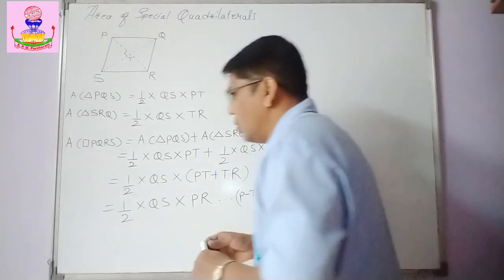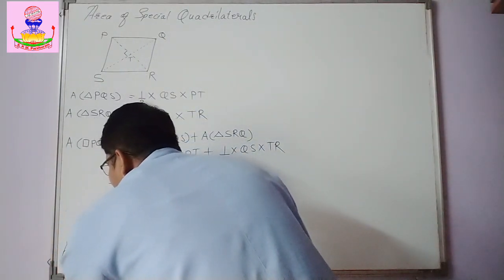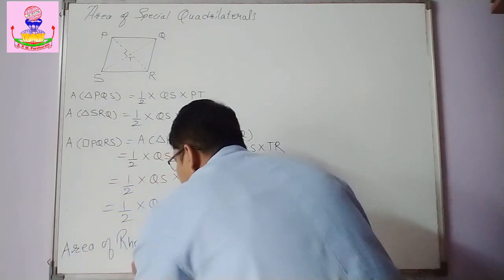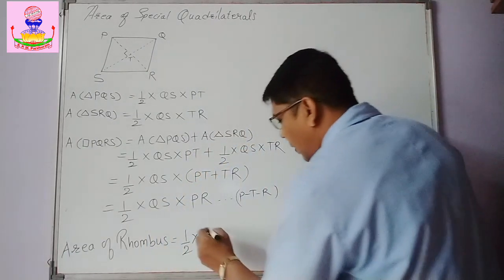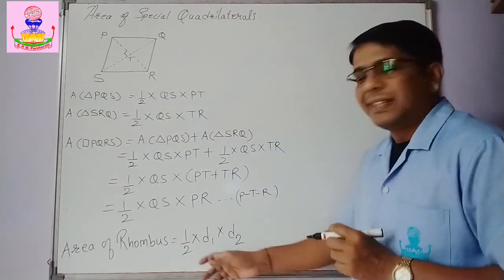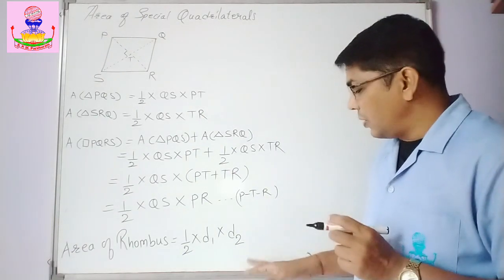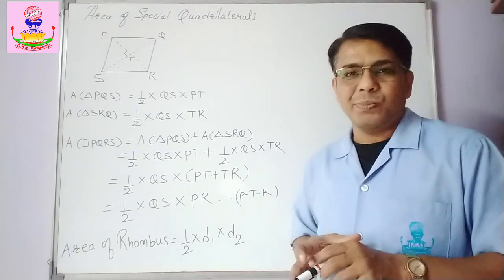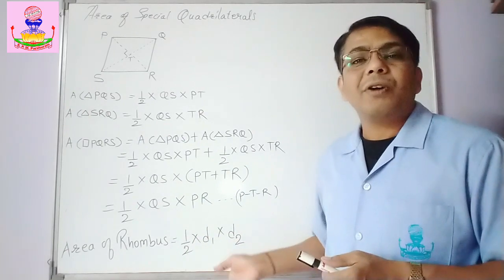Okay, so area of rhombus is equal to half into D1 multiplied by D2, where D1 is diagonal 1 and D2 is diagonal 2. So if I know the lengths of both the diagonals, I can find area of the rhombus. So I got formula for area of rhombus.